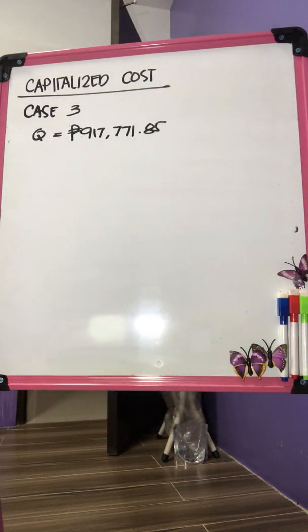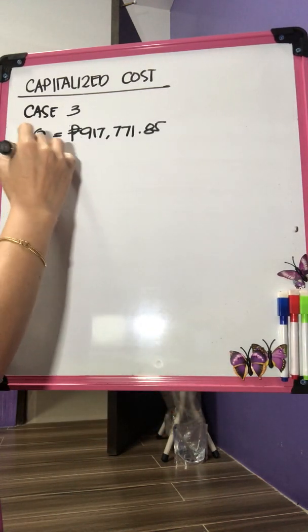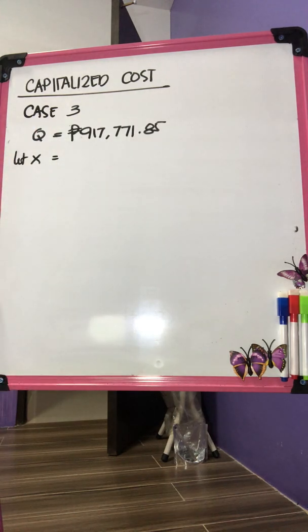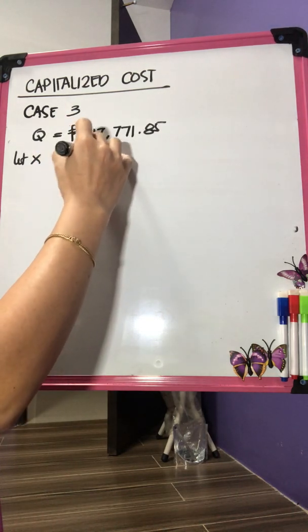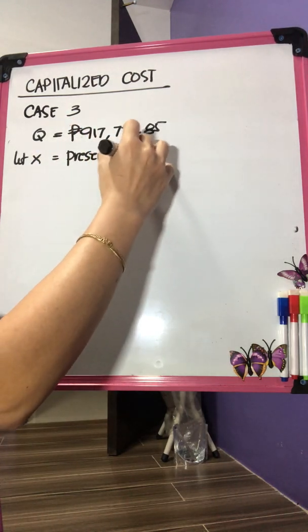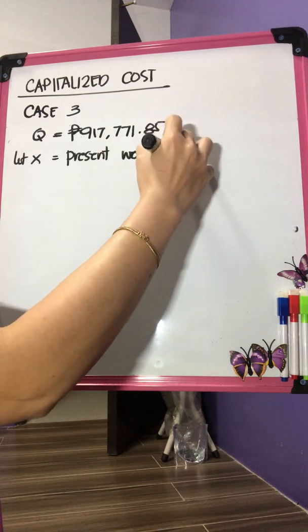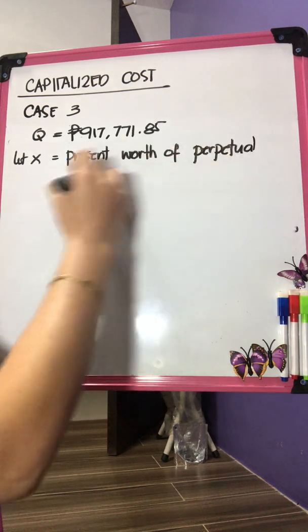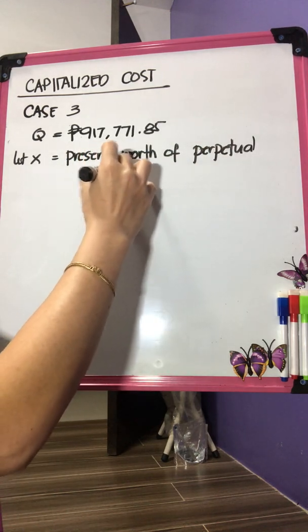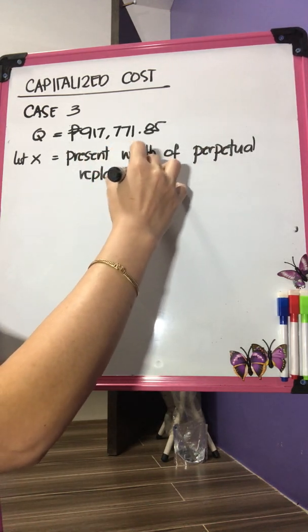Okay. So kunin naman natin yung X. Ilalet naman natin yung X natin as ito yung ating present worth of perpetual replacement. Okay?